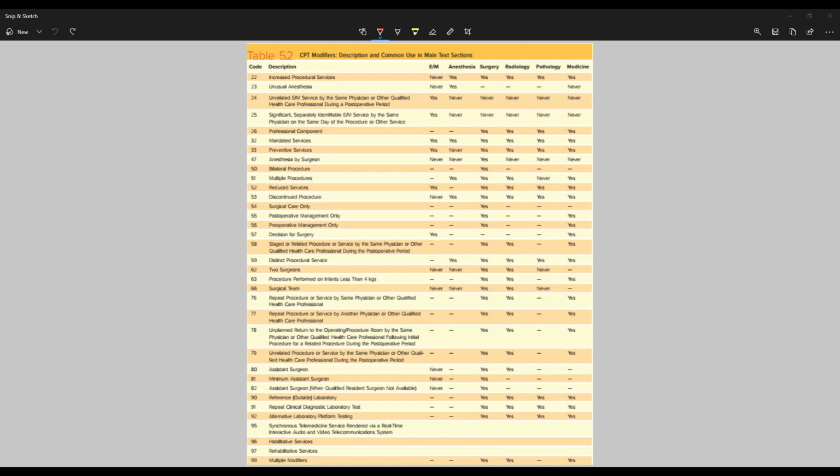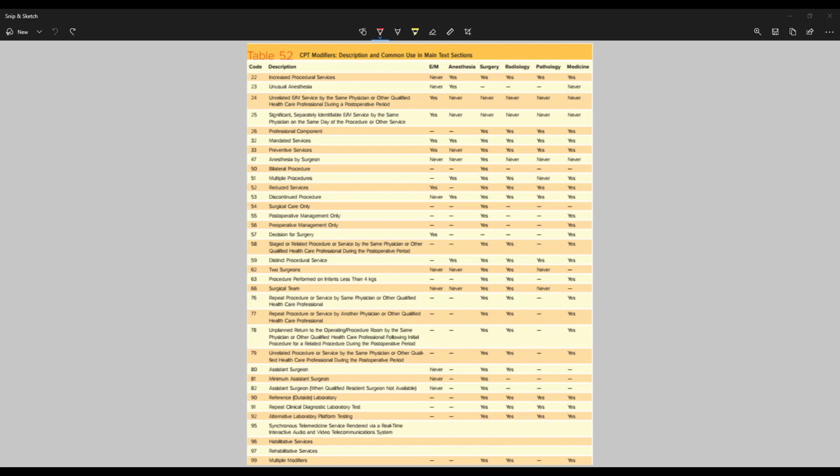Now, getting back to our modifiers. As I said before, these really are used to provide more information about a code. And as you'll see on this chart here from table 5.2 in our text, it's from page 148, and it's actually section 5.4.